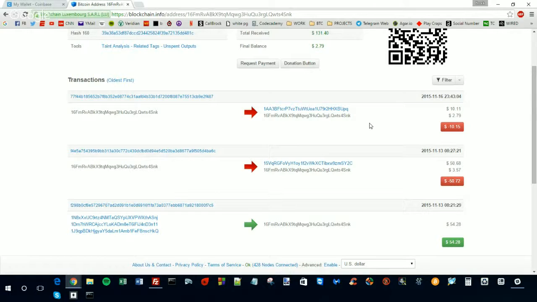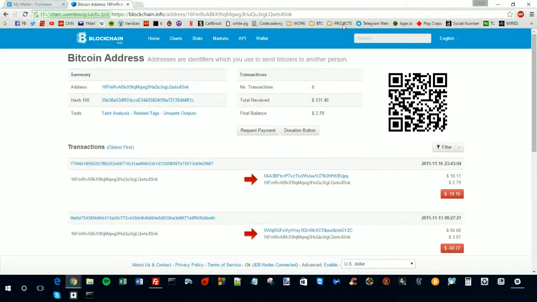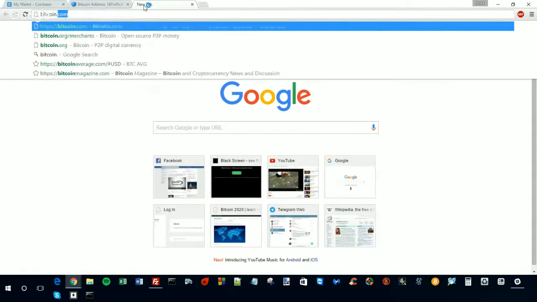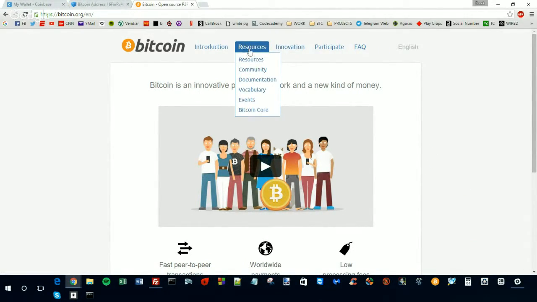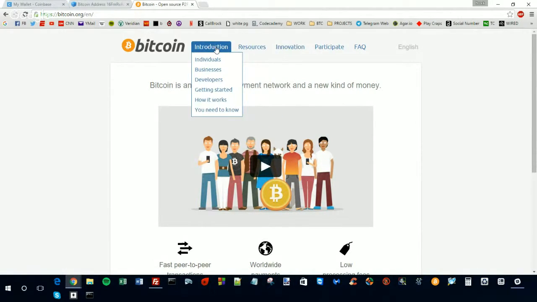One thing else I would say is, if you're a new user, or if you haven't yet, go to bitcoin.org and look at the documentation, and read up on Bitcoin, and go to the resources. You can go to how it works, all that stuff, and learn about it if you're using it, because you want to really know about how it's pseudonymous.